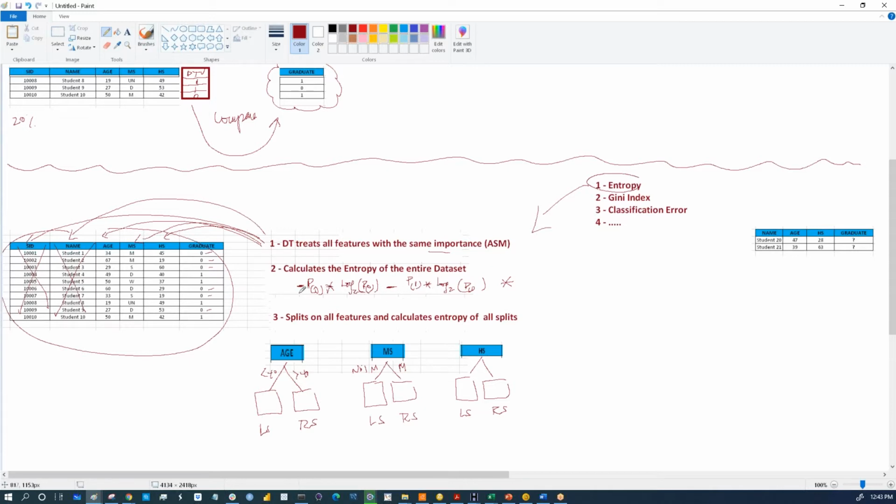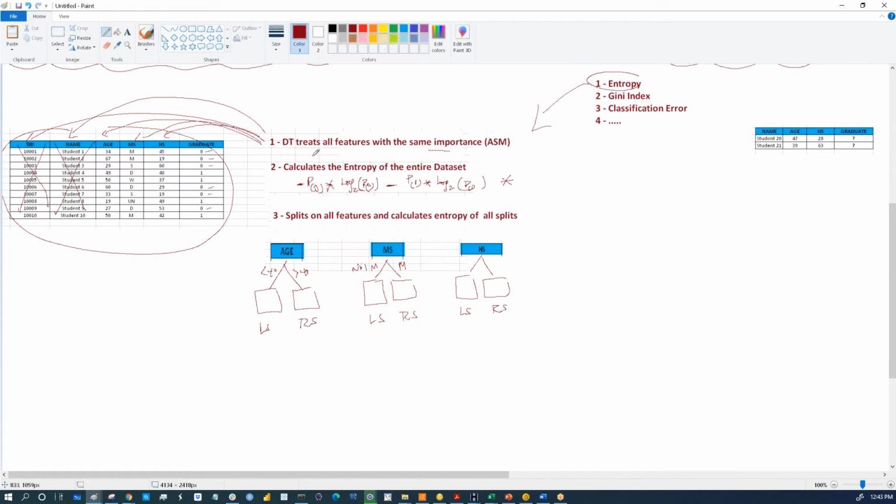The entropy uses minus probability of 0 multiplied by the log 2 of probability of 0, minus probability of 1 multiplied by log 2 of probability of 1. Step number 1, it treats every feature with the same importance. Step number 2, calculate the entropy of the entire data set.